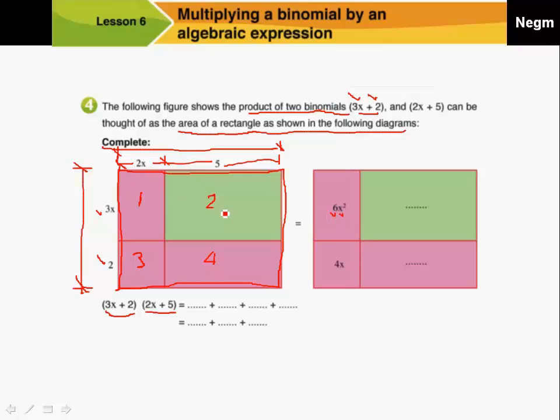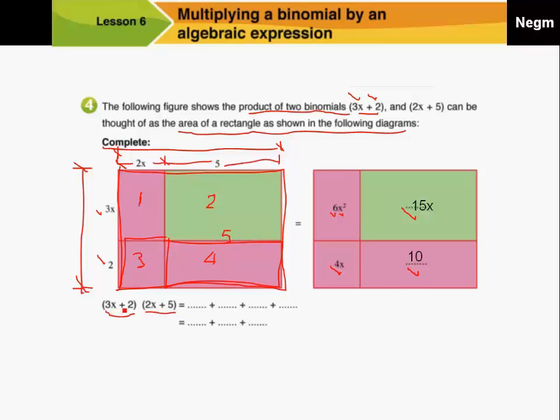The area of region 2 is 3x times 5, which gives 15x. Region 3 is 2 times 2x, which gives 4x. The area of region 4 is 2 multiplied by this length, which is 5. 2 multiplied by 5 is equal to 10.